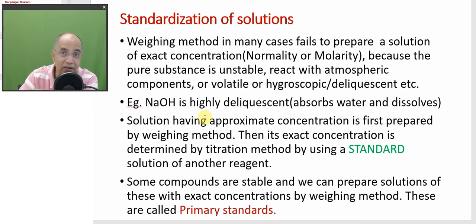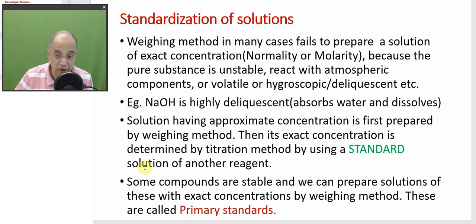But that is not the exact concentration. It will be approximate. Then with the help of a titration experiment using another standard reagent whose normality is already known, you can find out the normality of the one whose strength is known only on an approximate basis, right?